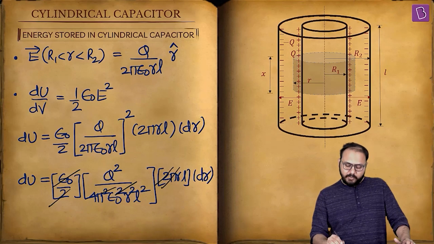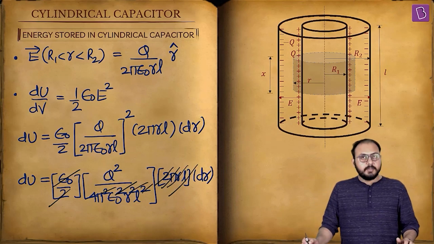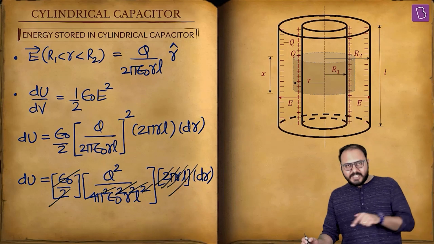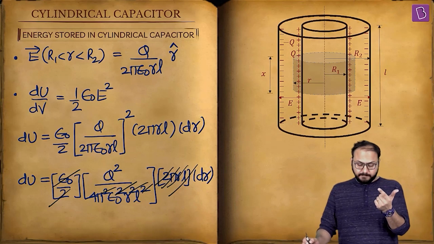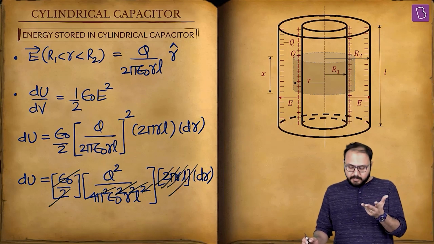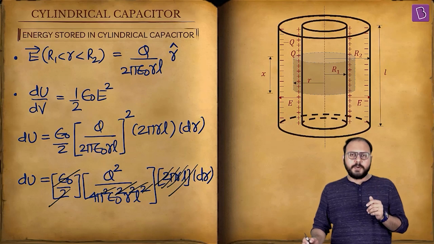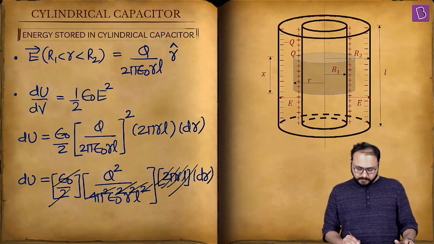And one of the R and one of the L cancels with the powers. Nice. I like what's happening. So what's left in the denominator? There is a 4, a pi, an epsilon naught, an r, and an L. And in the numerator, just q square.